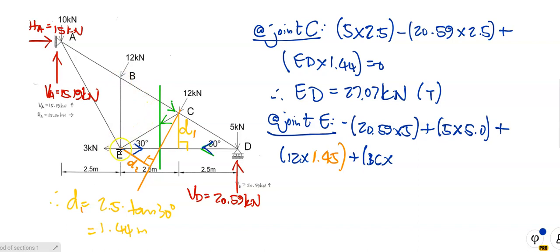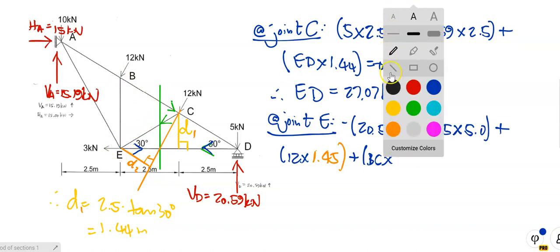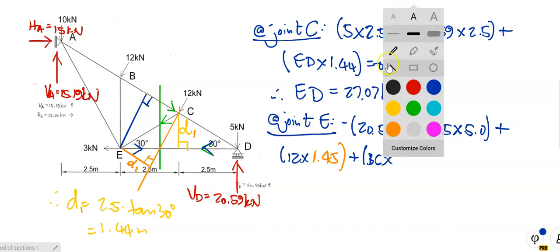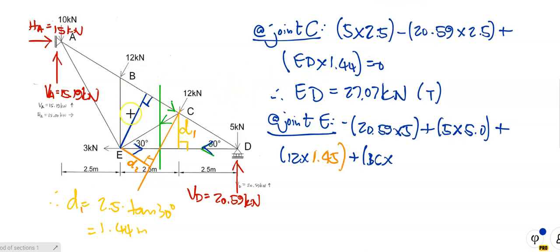So if I draw a line from the point of rotation up to BC at right angles to it, and call that little distance D3. BC will be positive about E because it's clockwise with respect to E.